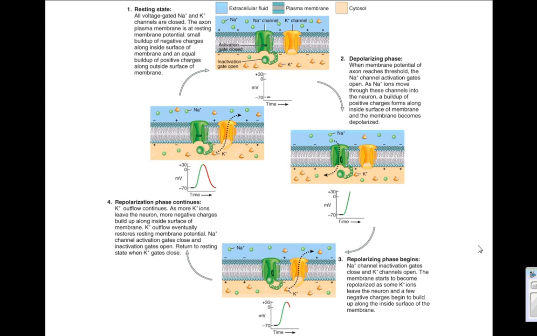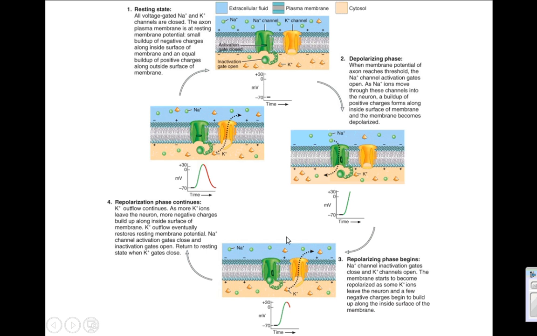Here's another figure to show essentially the same thing, but focusing in specifically at the voltage-gated channels. At rest, both of them are closed. We're at negative 70. If we reach threshold at negative 55, the voltage-gated sodium channels will open, sodium will rush in, and we become very much less negative, all the way to positive 30, 35.